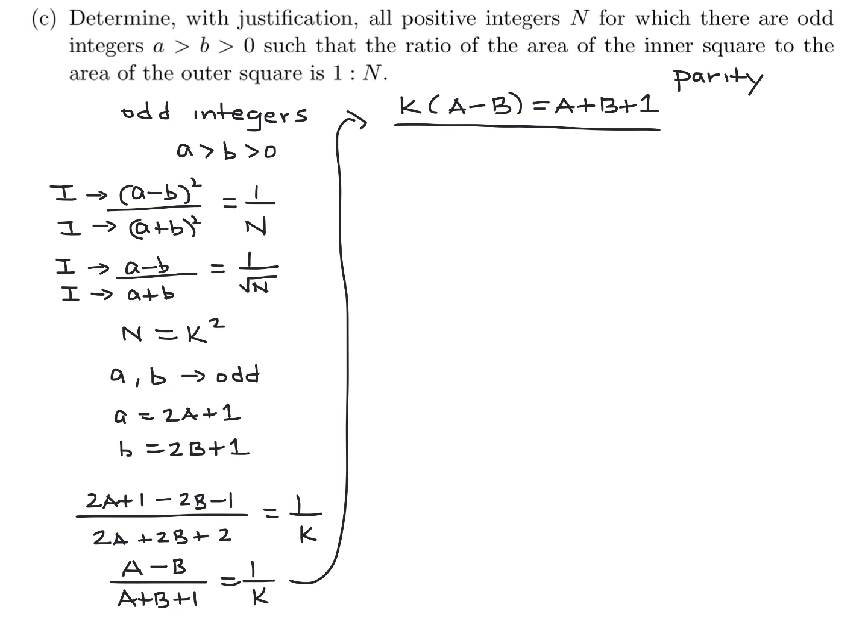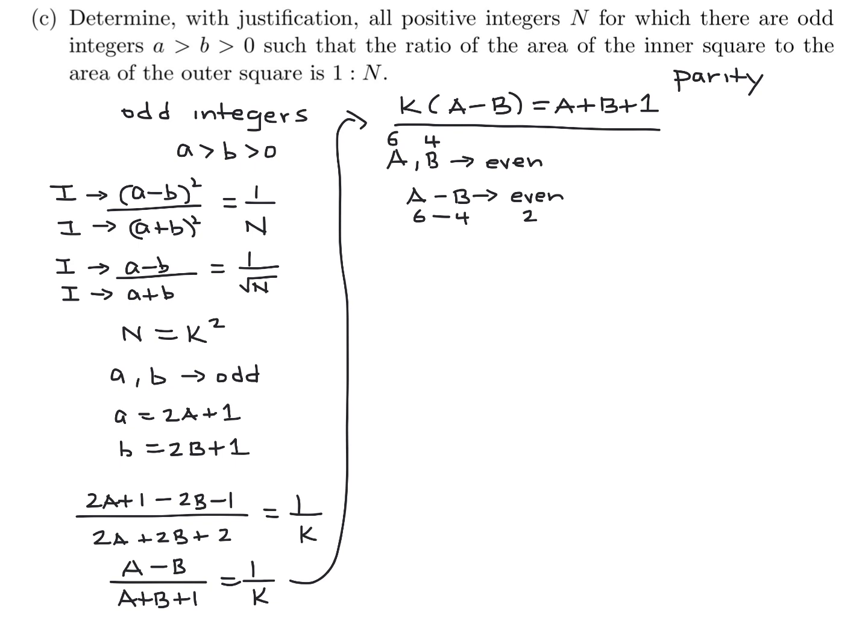So here we go. The first scenario is if both a and b are even. So big A and big B are both even. So if that is the case, then that means a minus b would be even. So for example, if you have 6 and 4, 6 minus 4 is 2, which is obviously even. Okay.